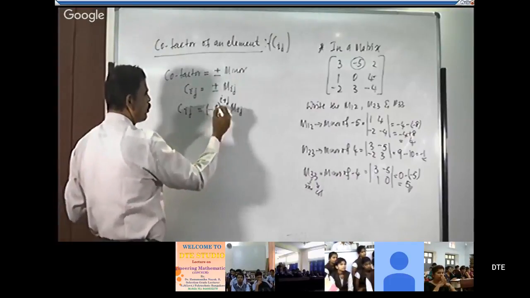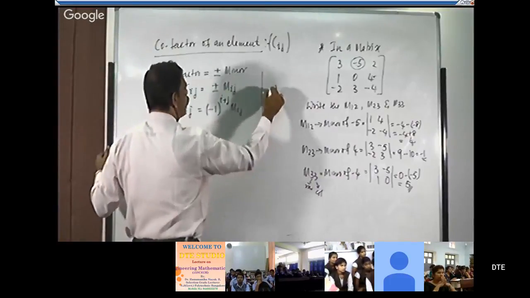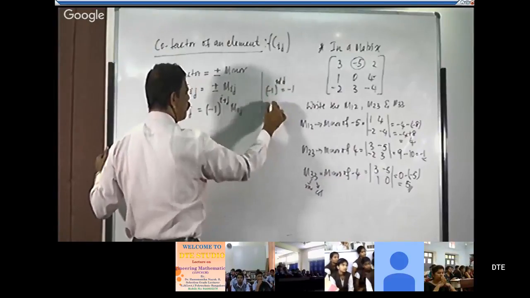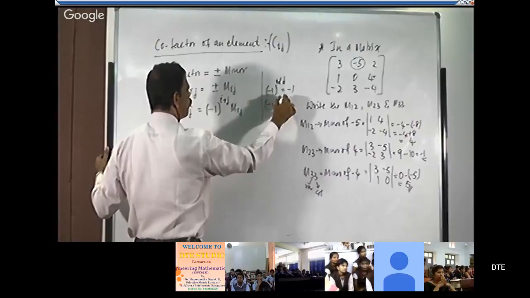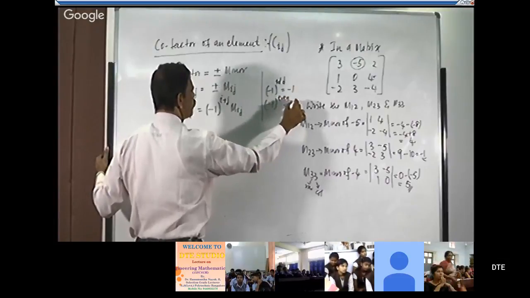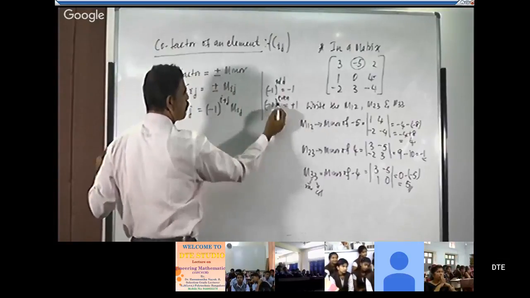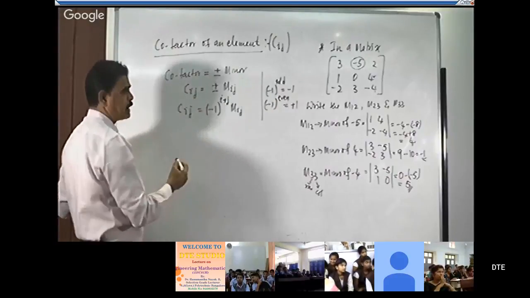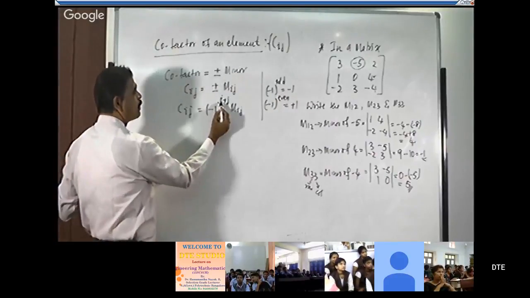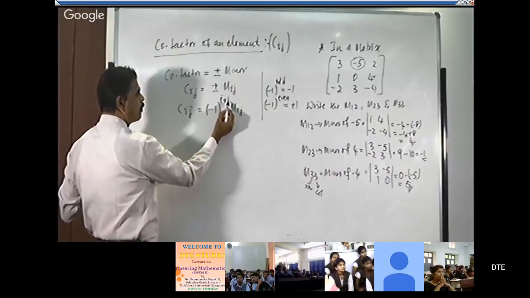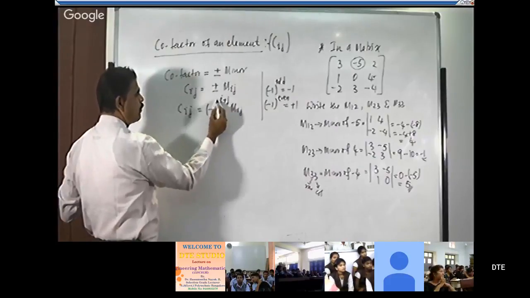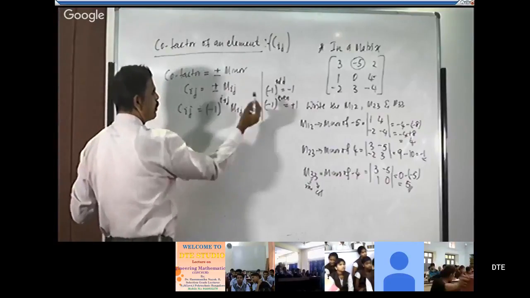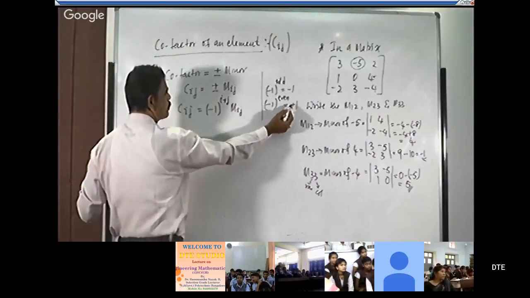Minus 1 to the power of an odd number always gives you minus 1. Minus 1 to the power of an even number always gives you plus 1. See, depending upon this, we can write plus or minus. If the sum of the row and column of that particular element is odd, you will always get a minus sign. If it is even, you will get a positive sign.